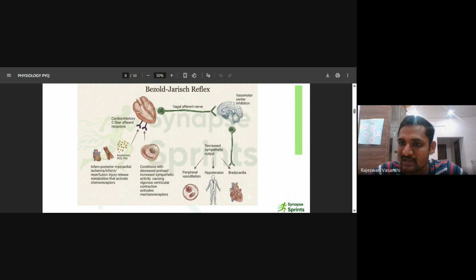At the same time, conditions associated with decreased preload, or increased sympathetic activity causing vigorous contraction of the ventricles, will activate the mechanoreceptors. The mechanoreceptors will activate the cardioinhibitory C fibers. From there, the vagus gets activated. This will inhibit the vasomotor center, VMC. All this will result in decreased sympathetic output, resulting in bradycardia, hypotension, and vasodilatation.